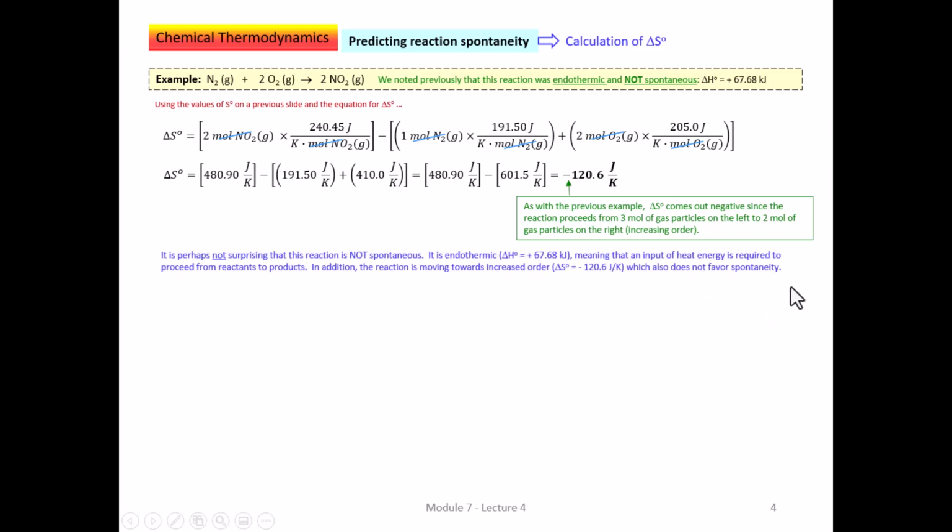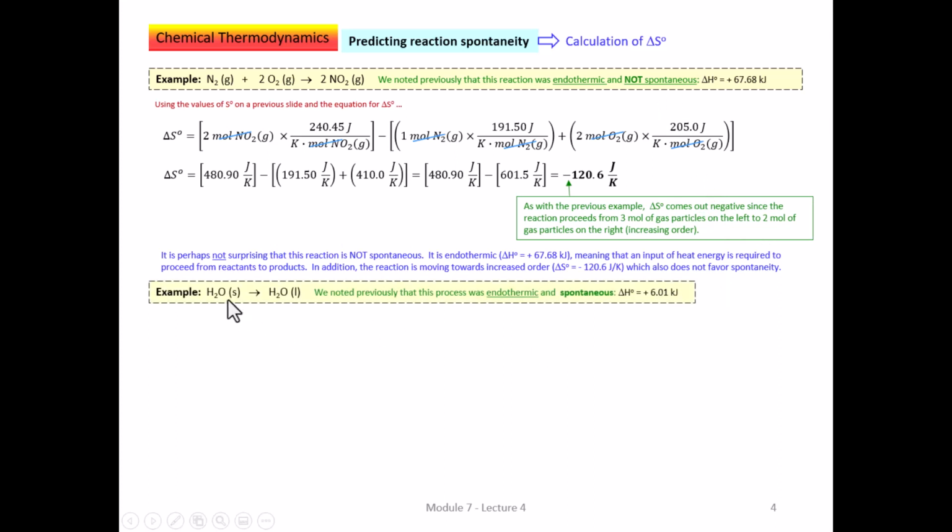So it's not surprising that this reaction is just not spontaneous. It does not have a favorable enthalpy change. It's positive. You have to absorb heat from the surroundings to get it to go. And it's going in the wrong direction entropy-wise. It's creating order. With both of those things working against you, it's not surprising the reaction's not spontaneous.